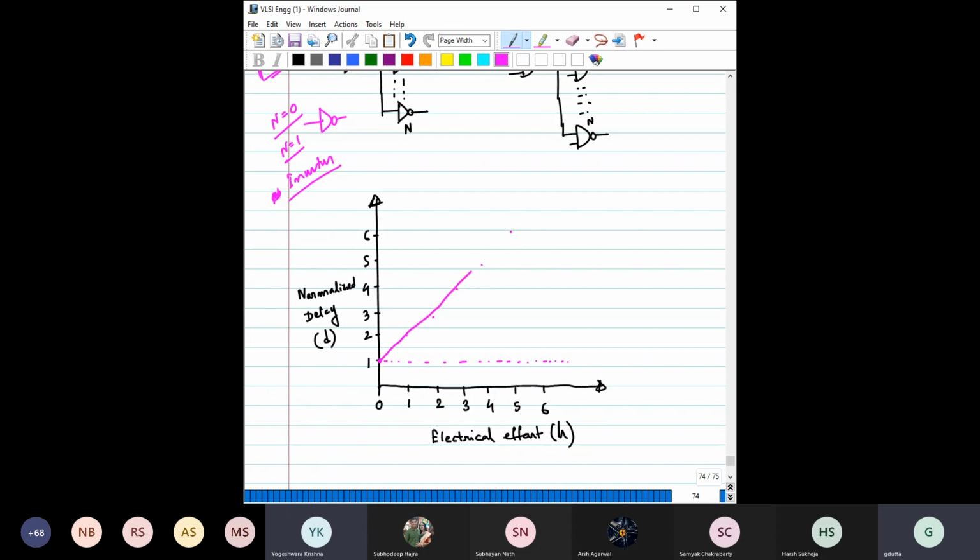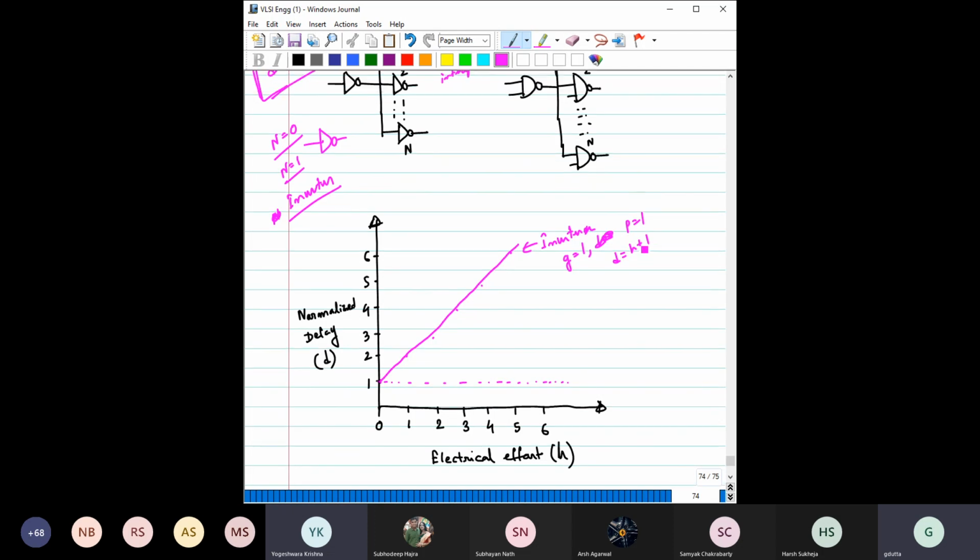So basically we should have a plot like this. So this is for the inverter, where G is equal to 1, H can change, and P is equal to 1, and that gives this equation. Okay, so it is pretty easy to understand, right?